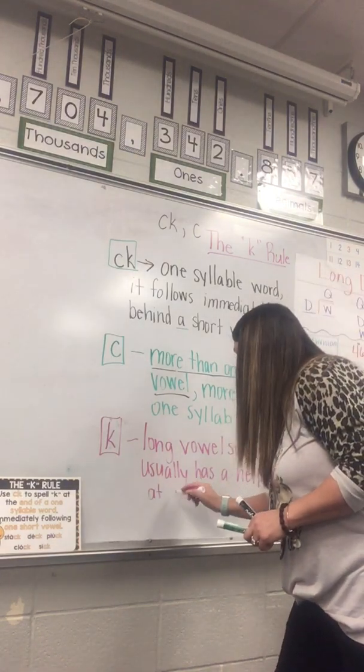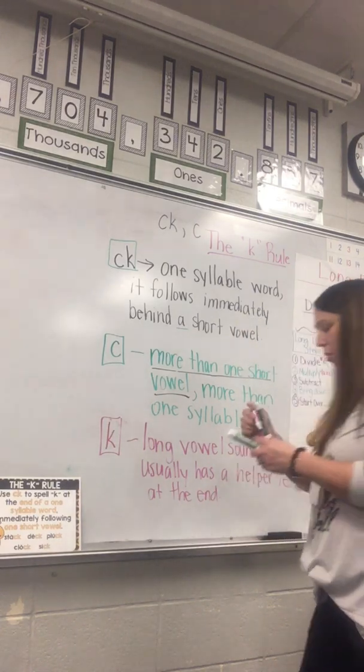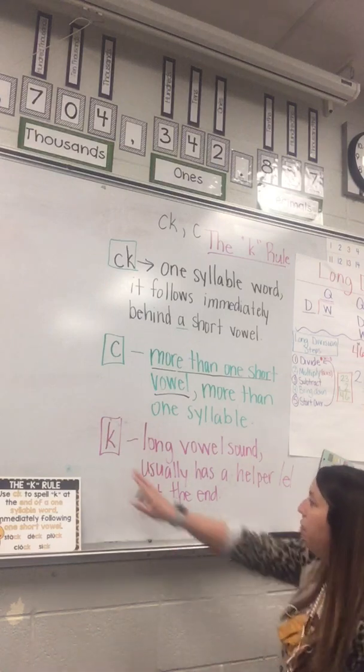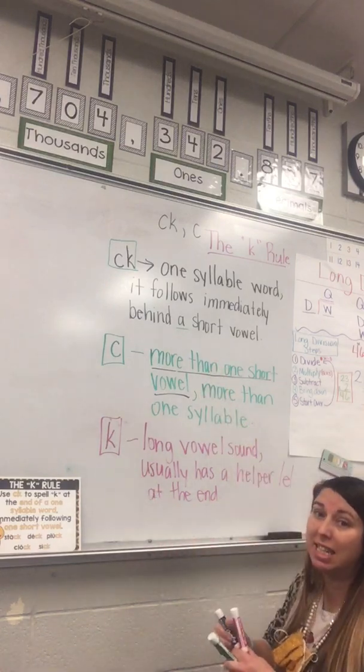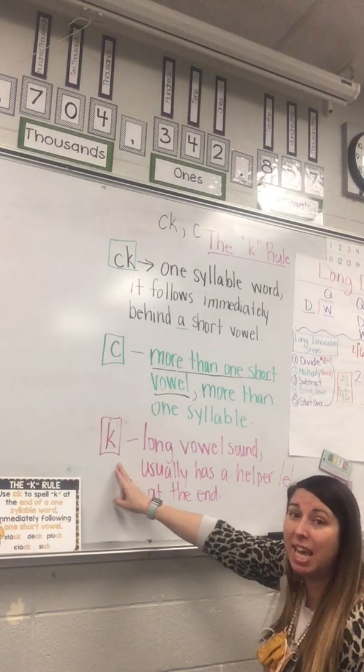I'll give you an example of when we use K, and then we're going to go back to CK and C, because CK says k, C says k, and the K says k.